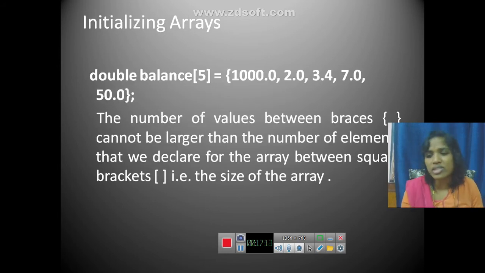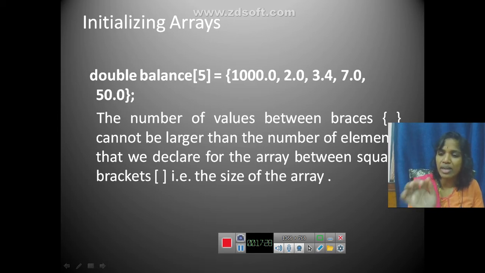Initializing an array. An array can be initialized in two ways. One way is that you can directly give the values. Suppose this is my array, double is the data type, balance is my array name, and it allows 5 values. So this is my first value, at balance 0, balance 1, balance 2, balance 3, balance 4. So 5 values are allocated.